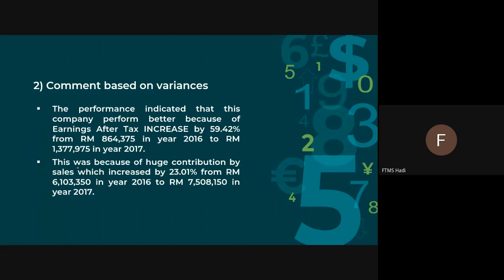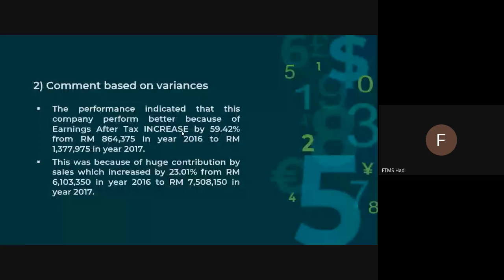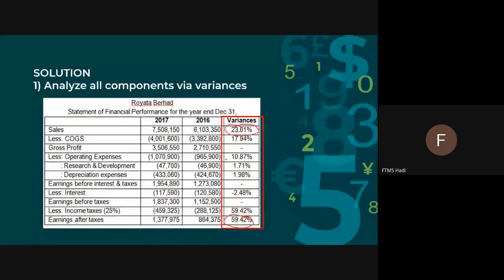This was because of a huge contribution by sales, which increased by 23.01%. So how do I get this one from here? There is an increase of sales from 2016 to 2017. If it increases, you can have a look at the sales and probably other factors.